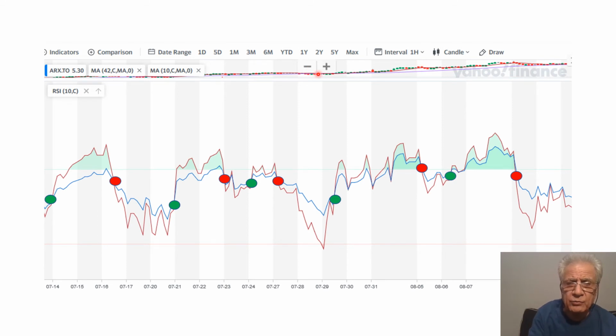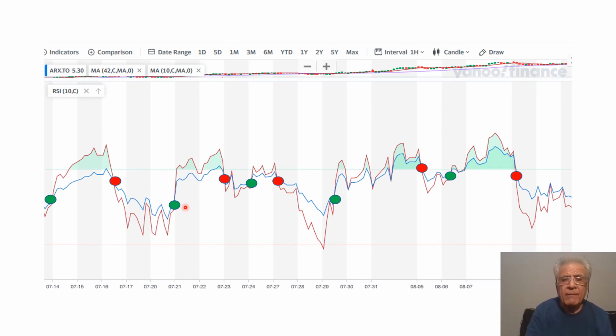Each candle represents 1 hour of trading. In this graph, which is between July 14 and August 14, we saw in the 1 day time frame that the trend was upward.